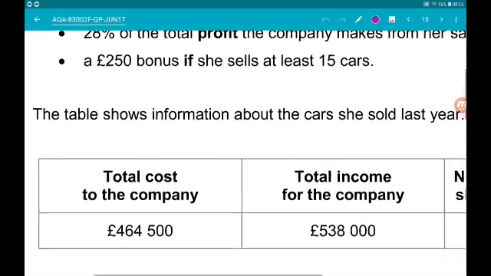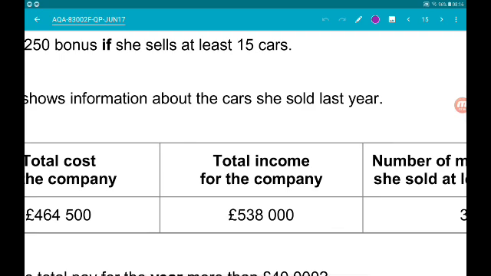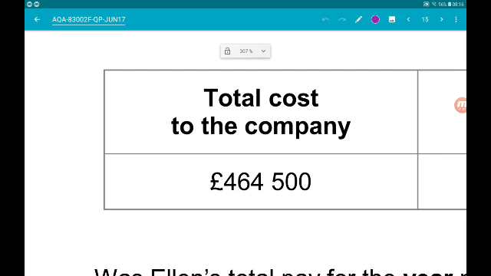The table shows information about the cars she sold last year. So the total cost to the company was $464,500.